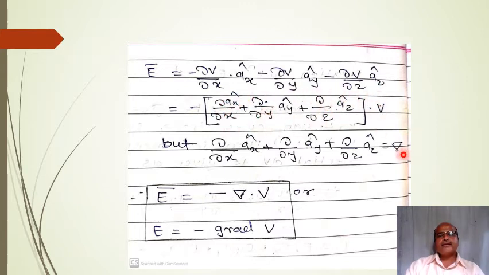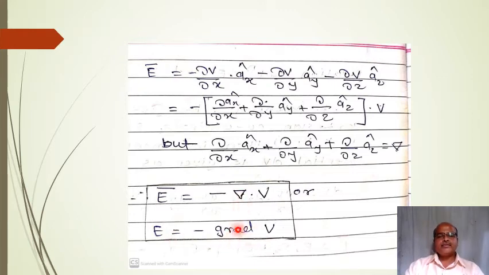This term is del. The vector operator del is denoted by this. But in deriving the relation between E and V, this term is denoted by gradient. Therefore, as this whole term is del, we can write E is equal to minus grad V, meaning this term is the gradient of V.